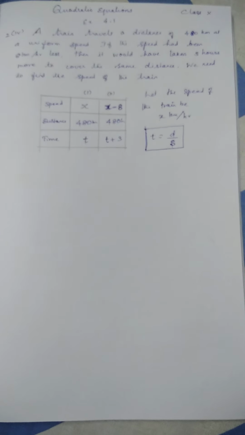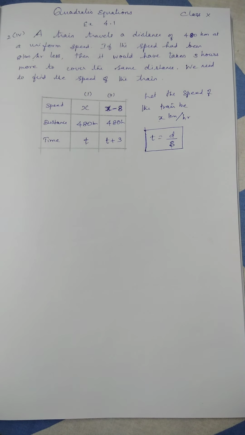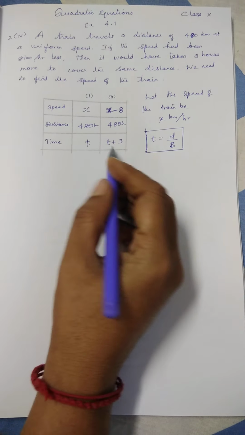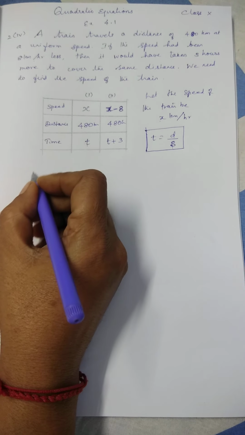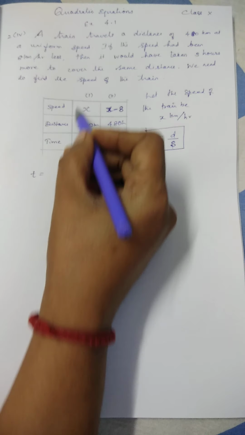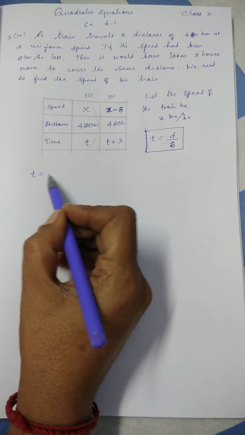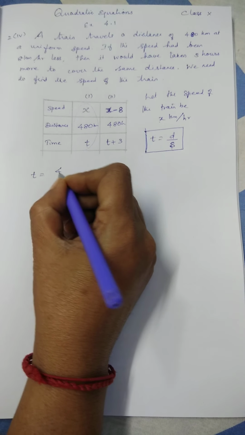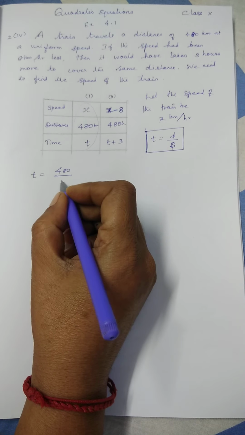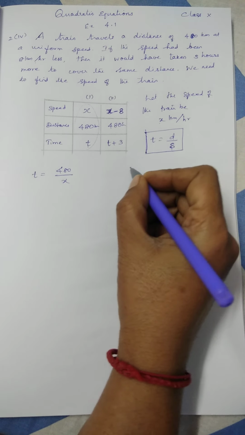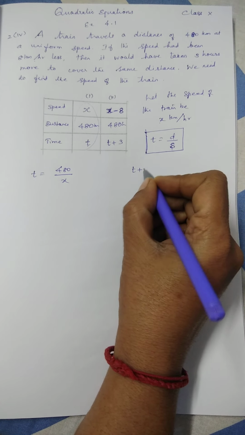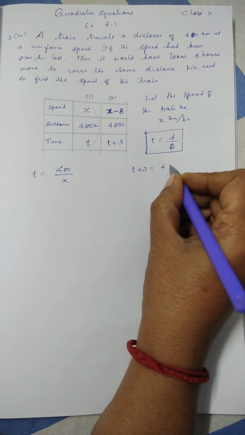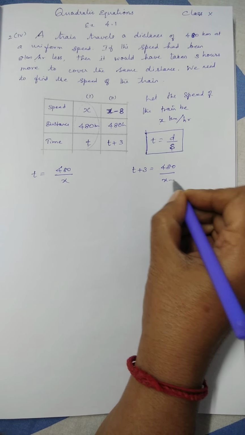Now we are going to write t is equal to d by s. In the first case, t is equal to 480 by x. In the second case, t plus 3 is equal to 480 by x minus 8.